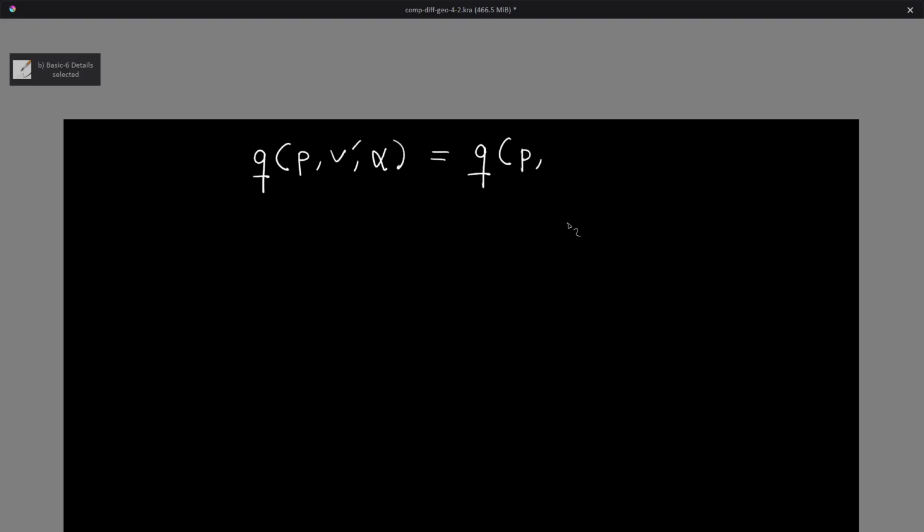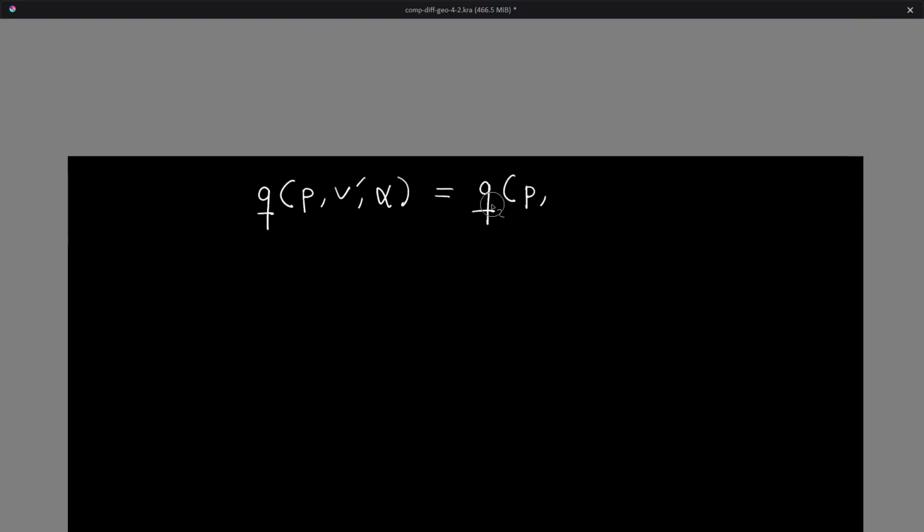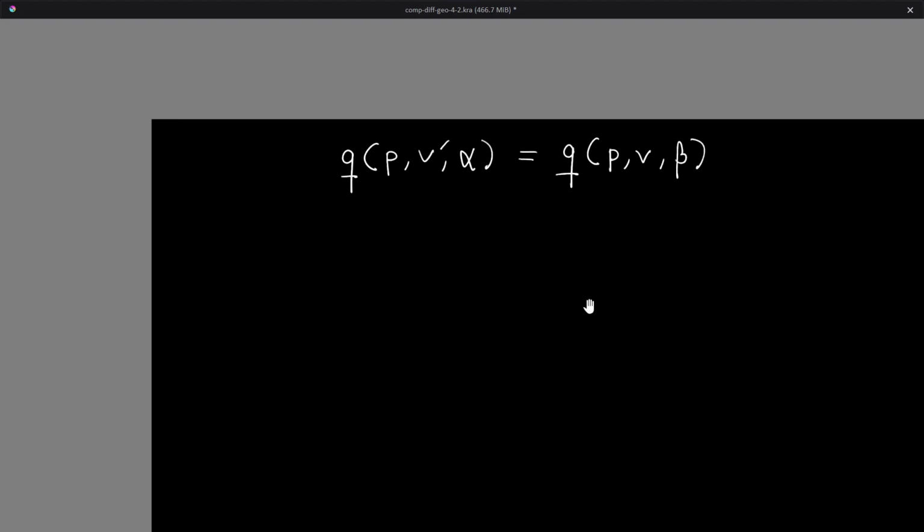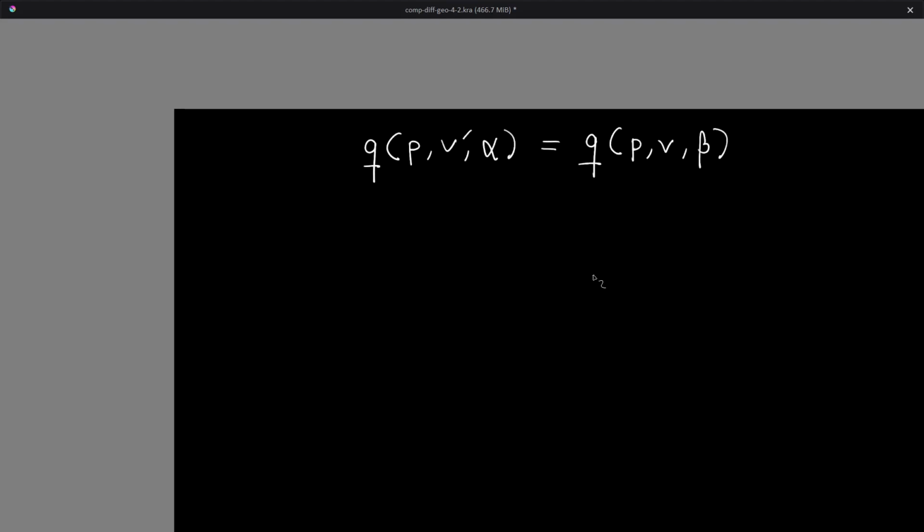I wrote it in the opposite way in the notes, so I flipped the equation in the notes. So PV beta, right? Because we already know we're working on a single point P, a single fiber.